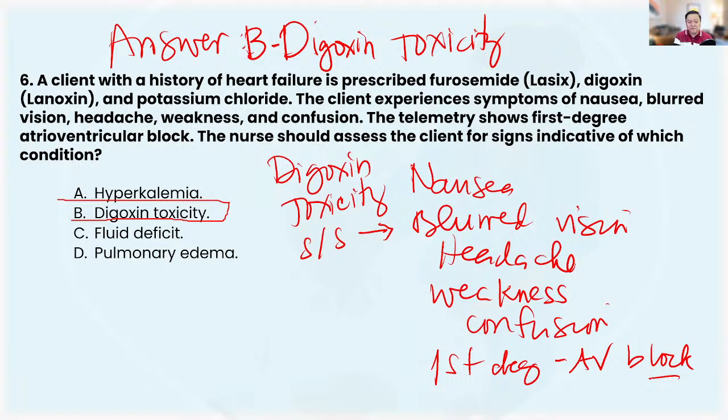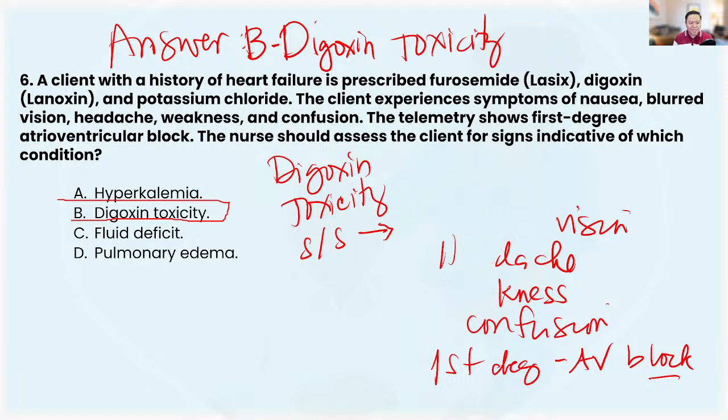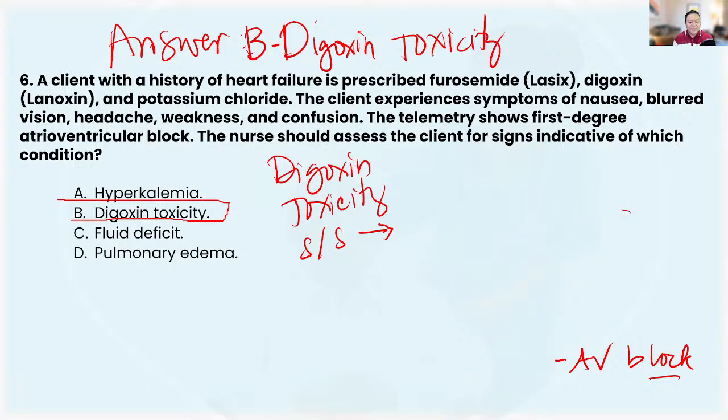Nausea, blurred vision, headache, weakness, confusion, first degree AV block, and on top of that, I don't like my handwriting, guys. Let me rewrite those to make it easier to read. Yeah, this is my weakness. I tend to write way too fast, and when I come back, I cannot read my handwriting anymore.